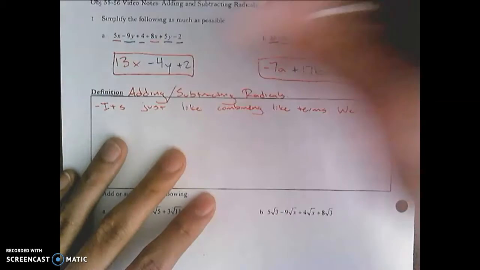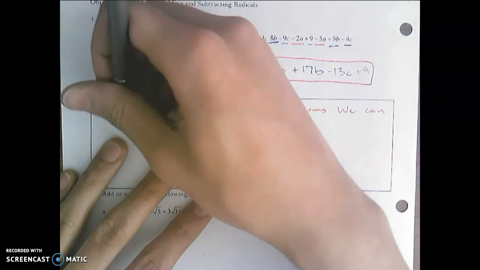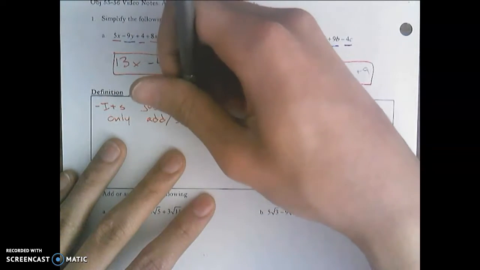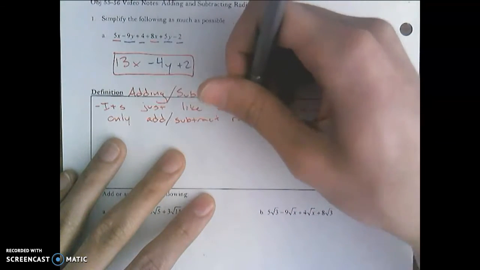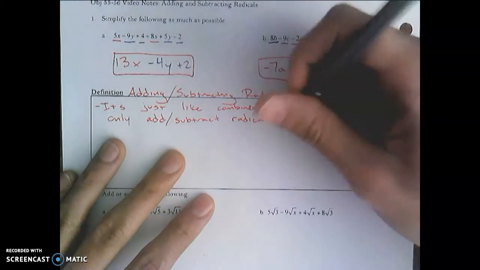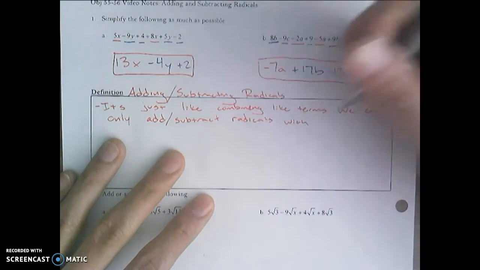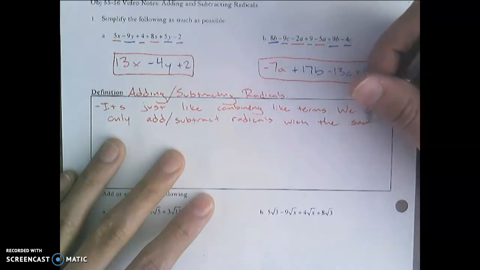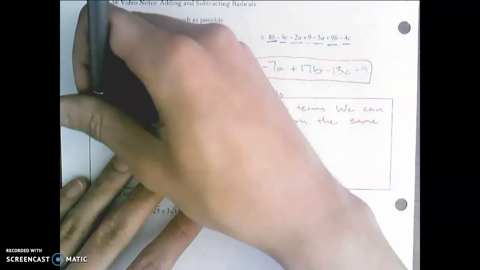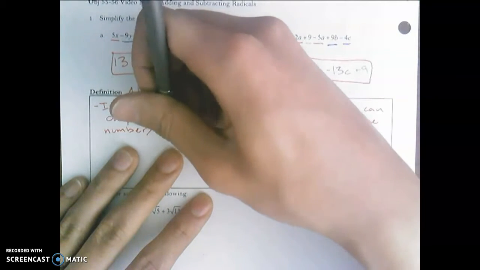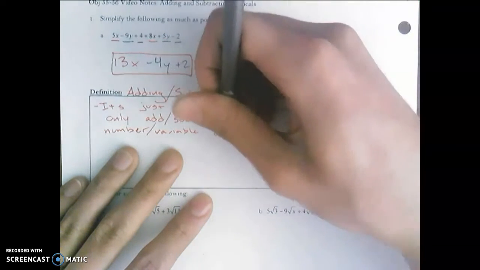We can only add and subtract radicals when they have the same number and variable on the inside. So we can only add and subtract radicals with the same number or variable on the inside.